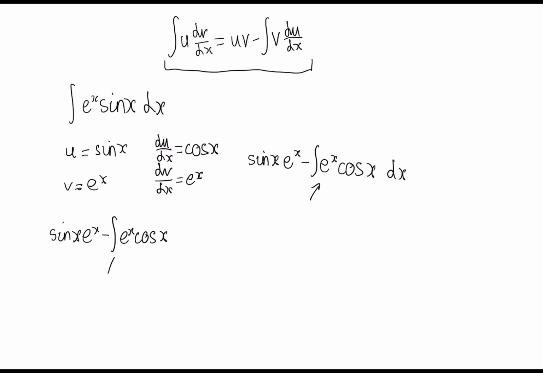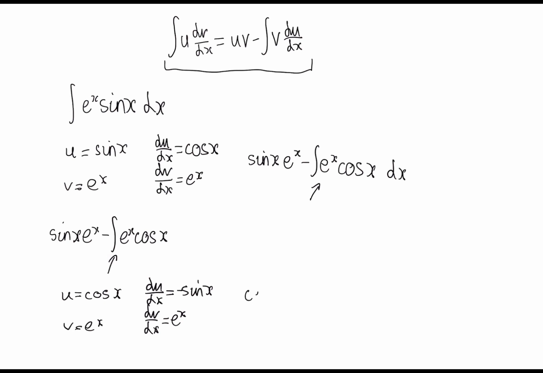So, an integral on itself again, we can label u as cos x, dv by dx as e to the x, so v will be e to the x, du by dx is going to be minus sin x. Now we just sub this into our formula.